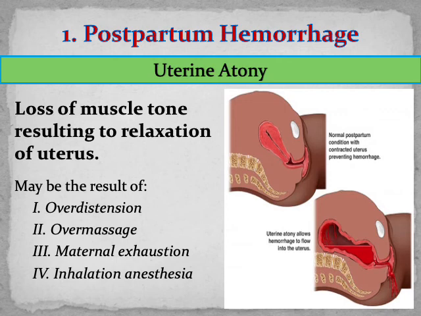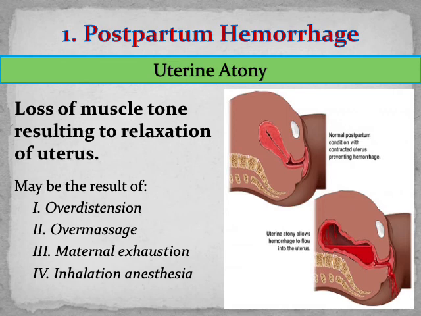So if it is contracted, you will see in the photo na masyadong masikip yung space para magkaroon ng daloy ng maraming dugo. Unlike in the lower photo, uterine atony allows hemorrhage to flow into the uterus. Again, uterus must remain contracted after birth.